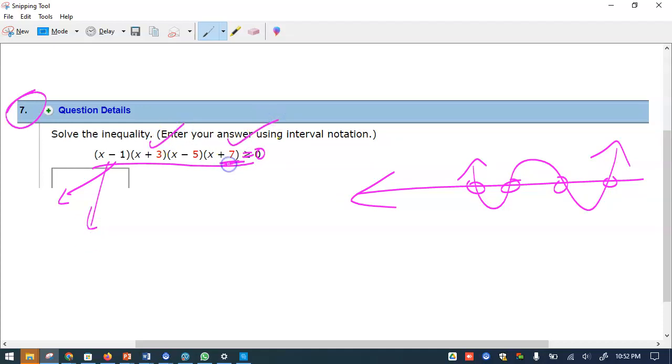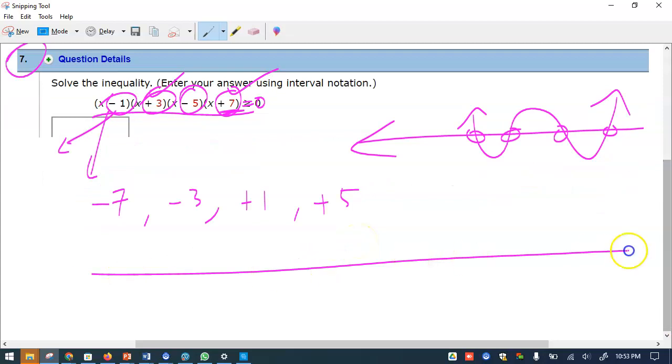So the opposite of plus 7 is minus 7, the opposite of plus 3 is minus 3, the opposite of minus 1 is plus 1, and the opposite of minus 5 is plus 5. On the number line, you just do the same thing: 0, and you can see this is 1, 2, 3, 4, 5, and this minus 3 is 1, 2, 3.